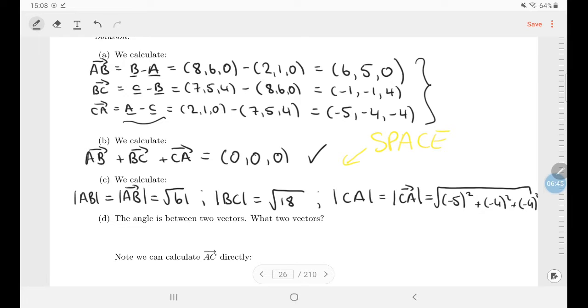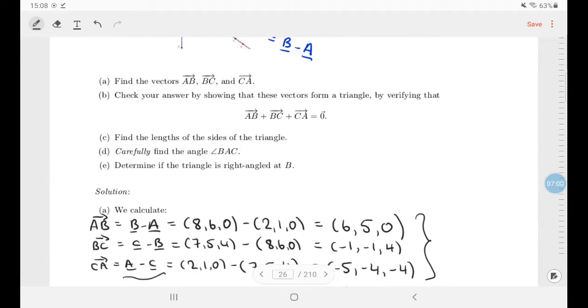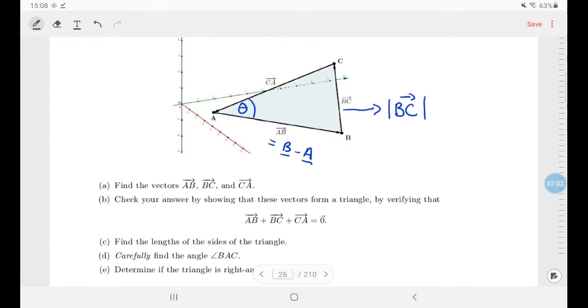That'll be 25 plus 32, I get the square root of 57. Okay, and so the square root of 61, 18, 57.